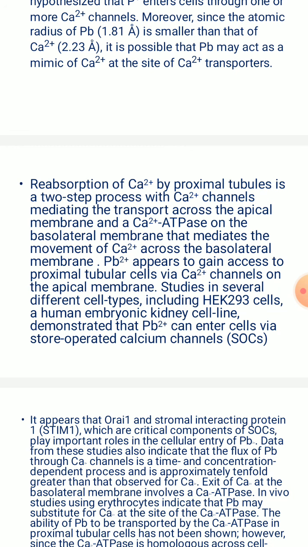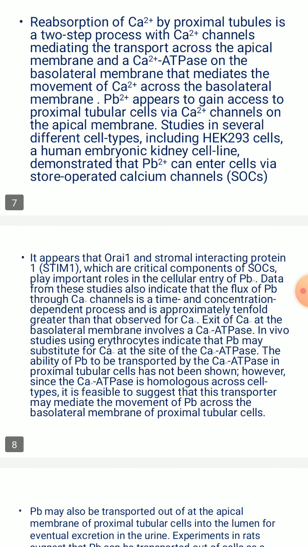So studies in several different cell types, including HEK293 cells, that is the human embryonic kidney cell line, have demonstrated that lead, Pb2+, can enter the cells via the store operated calcium channels, that is SOCs in short form. So lead can enter into the cells through the store operated calcium channels.